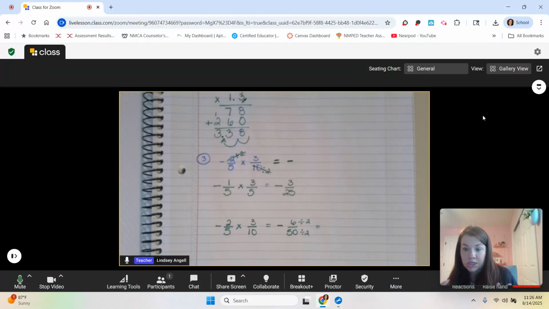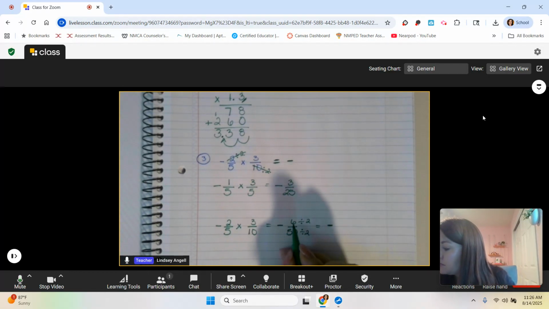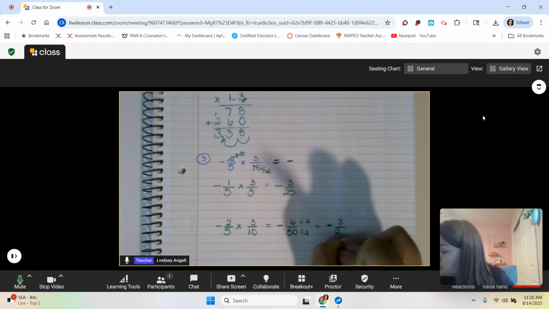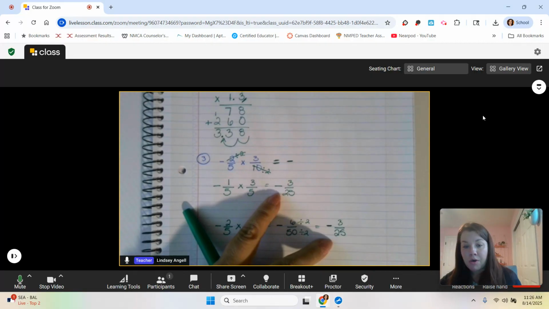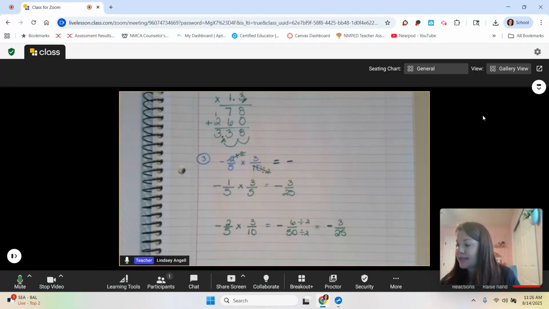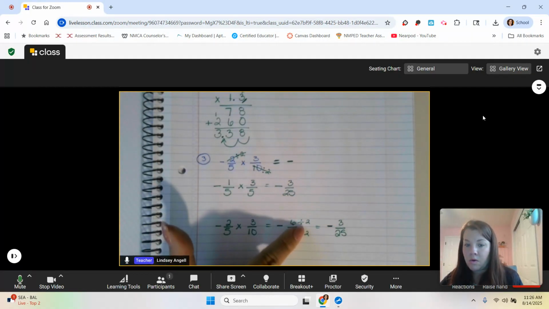So I'm not changing the problem, I'm just changing the size of my pieces. So it's still negative, but then 6 divided by 2 is 3, 50 divided by 2 is 25. So both ways I got to the same answer. I just reduced at different times, beforehand or after.